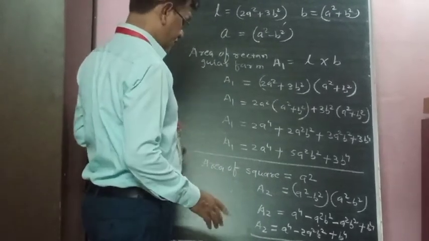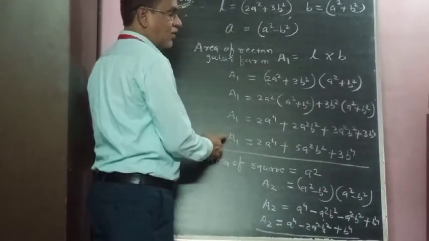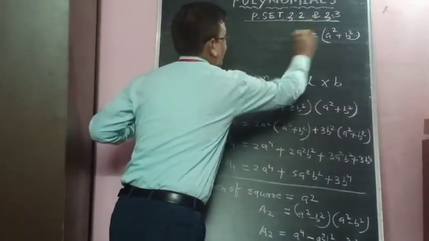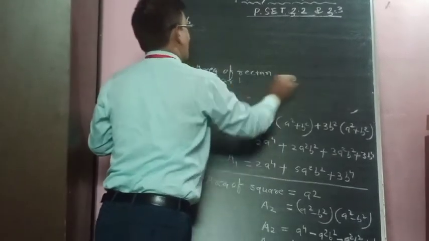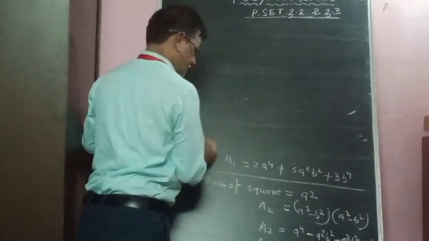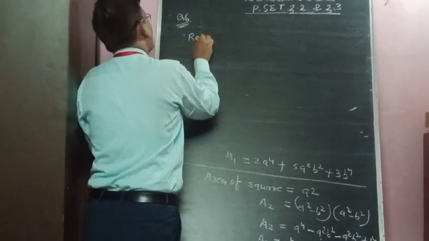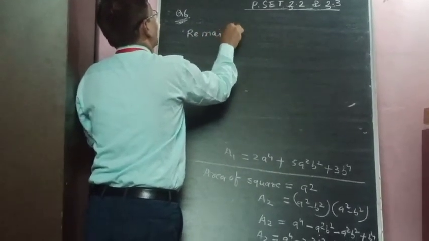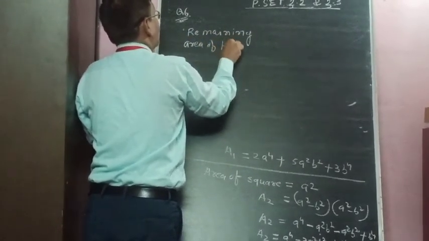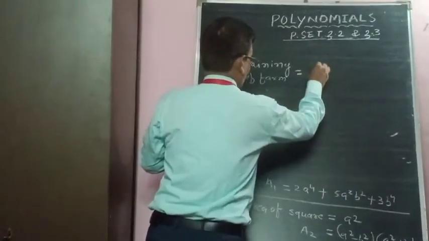Okay, now we continue. You have to subtract this area from this area, then you get the remaining area of the rectangular farm. Now the area of the remaining part of the farm is equal to A1 minus A2.